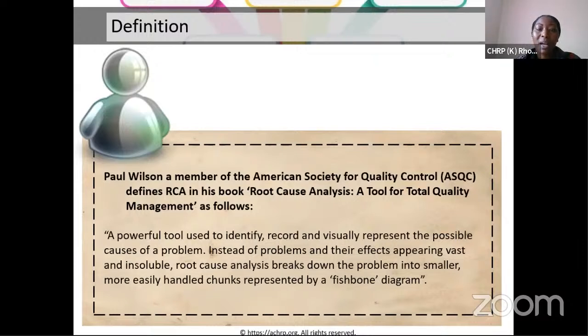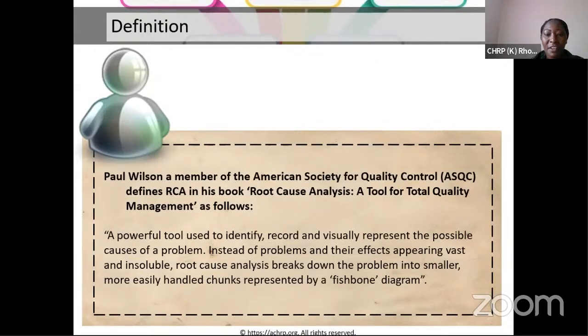I want you to note the words: a tool that is used to identify, to record, and to visually represent the possible causes of the problem. And this is how he came up with the Fishbone Diagram: you have to identify and record it, and after you record it, you express it in a visual diagram. And for them, they arrived at the Fishbone Diagram.